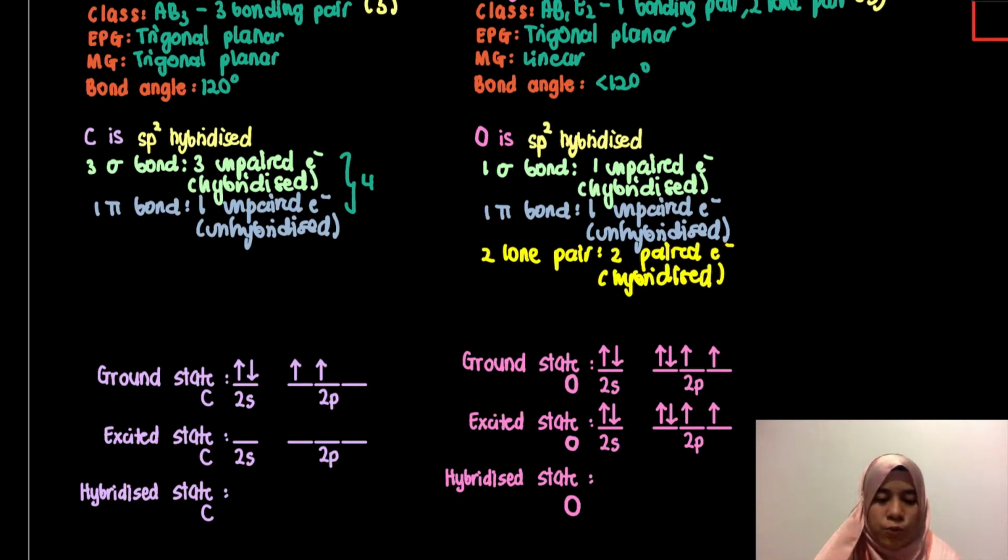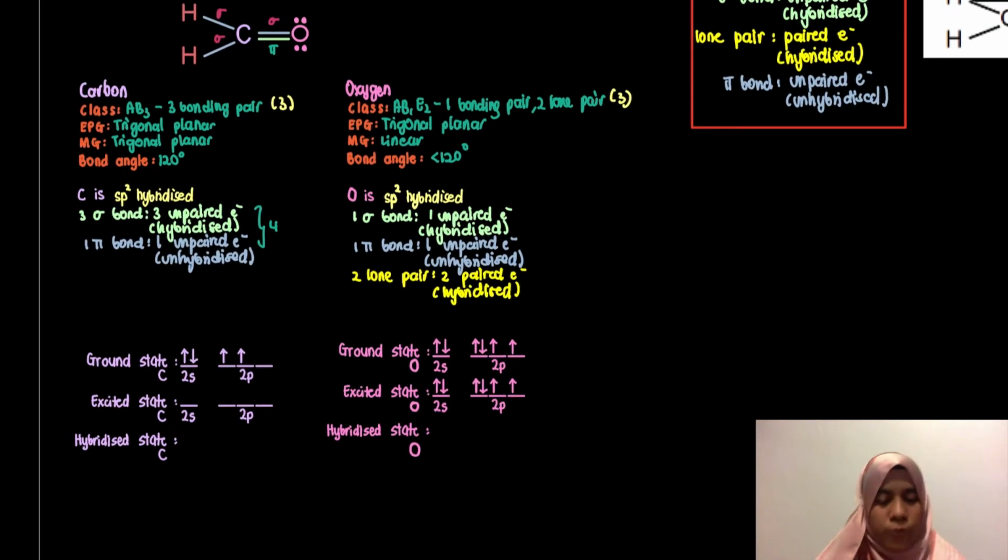Okay, should we keep the paired electron as it is, or do we need to excite it? Let's see, does it have any lone pair? For this carbon, we don't have any lone pair, right? So what we're going to do is excite the electron to the empty 2p orbital.